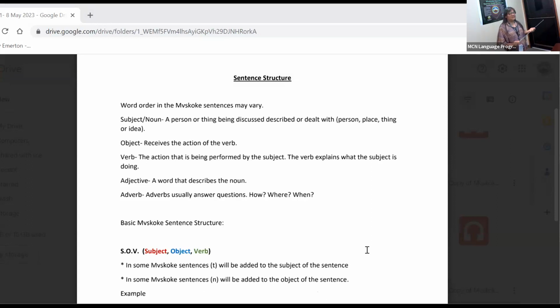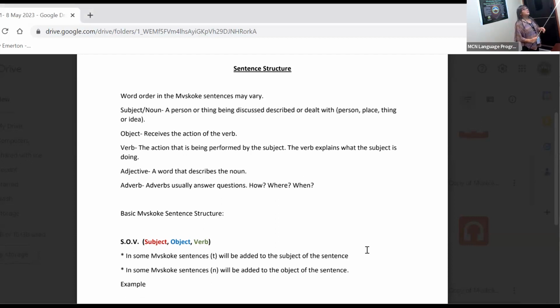Sometimes it seems a little slow, but behind the scenes, all of our Mvhayvs, not just one of them, are researching and looking in books and trying to do things the easiest way to show you and teach you, because we're all still learning the Mvskoke language and the language structure.